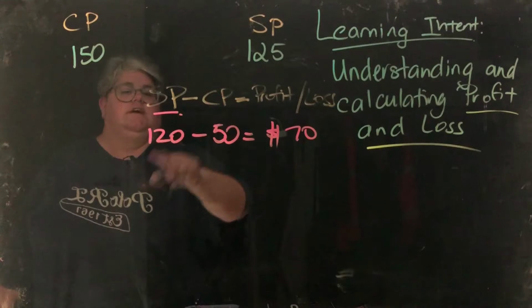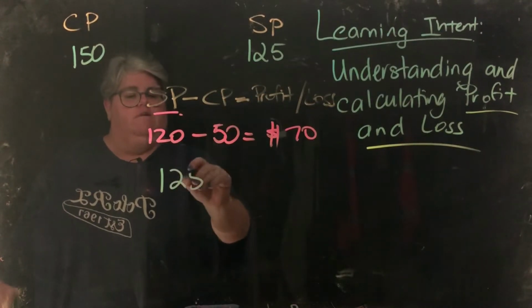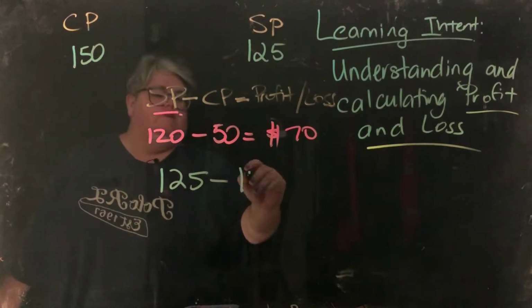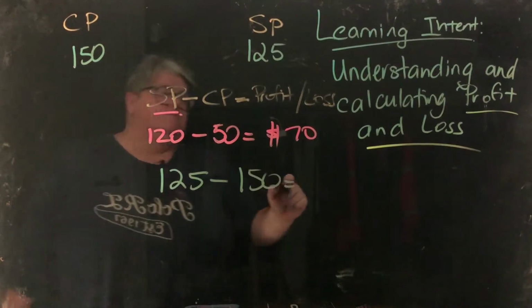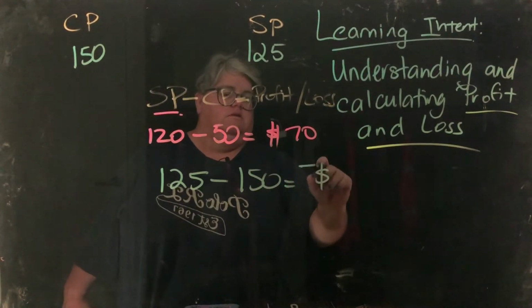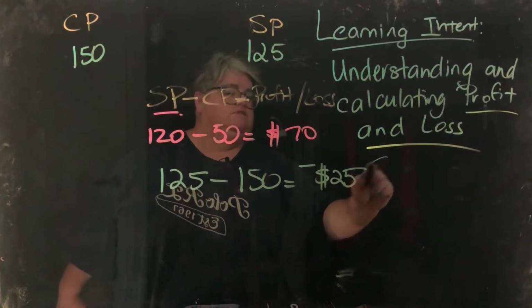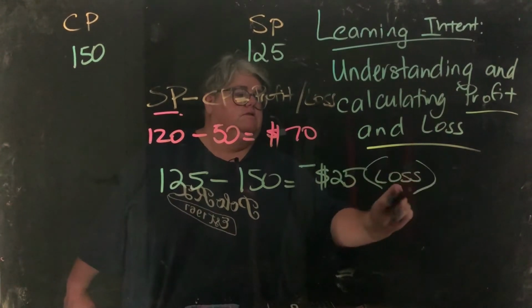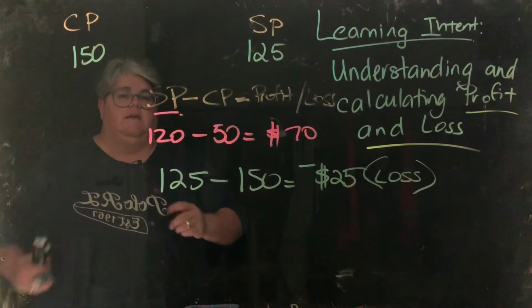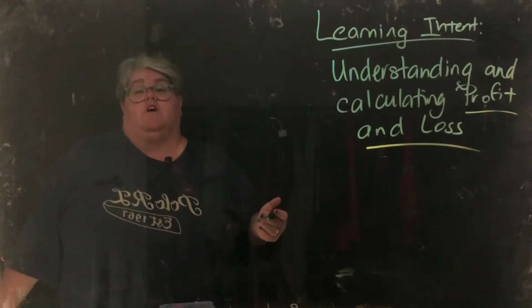So our sales price, $125, take our $150, which means we've actually made a loss of $25. Easy.